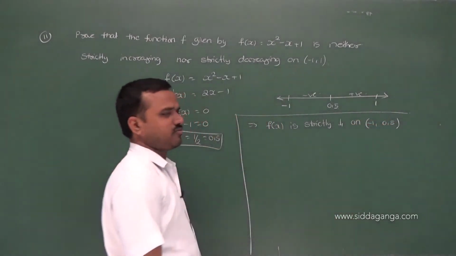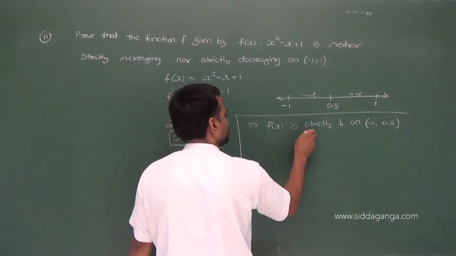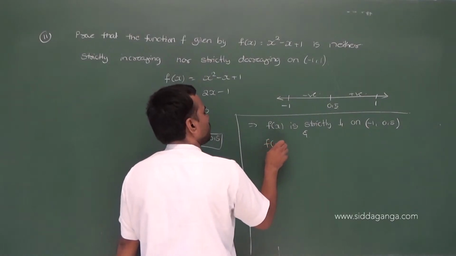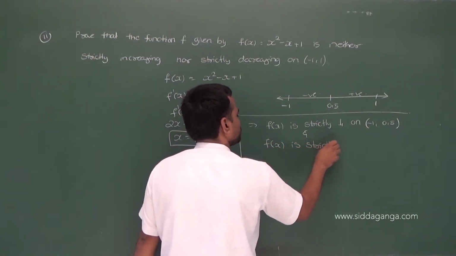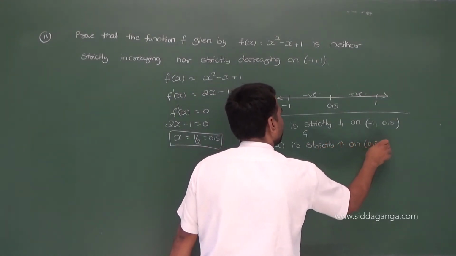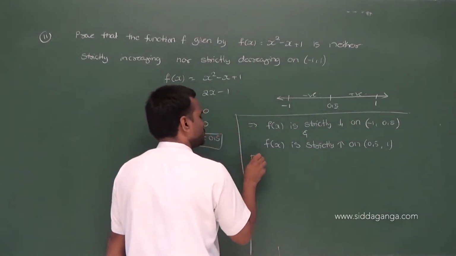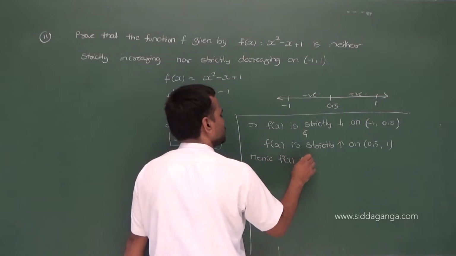Correct now? F of x is strictly decreasing on minus 1 to 0.5, and f of x is strictly increasing on 0.5 to 1. Hence f of x is what?